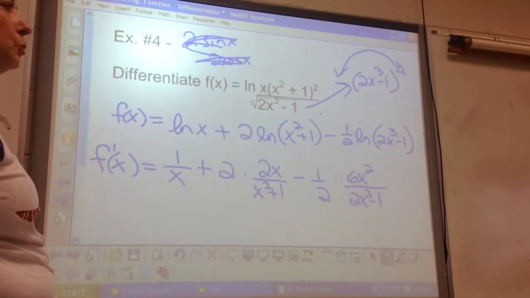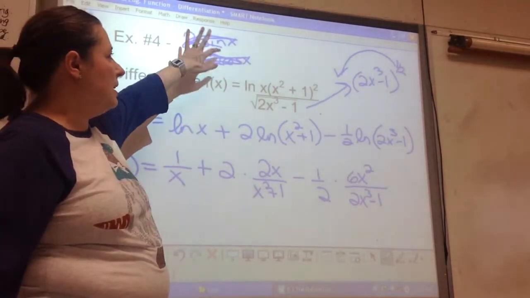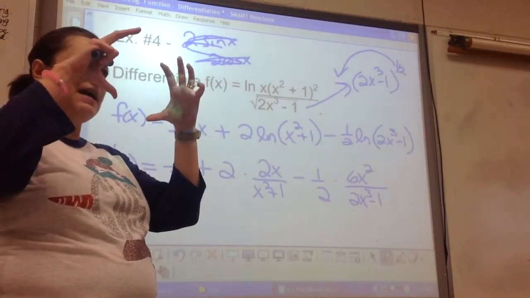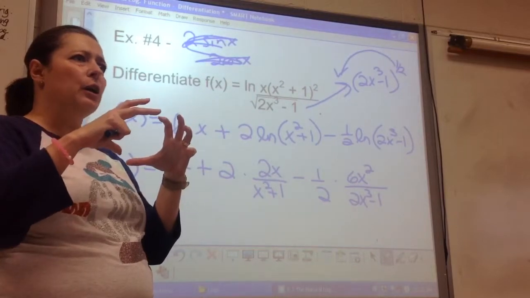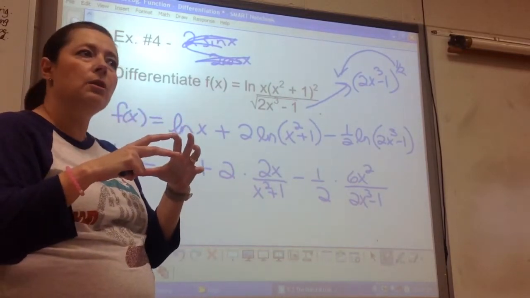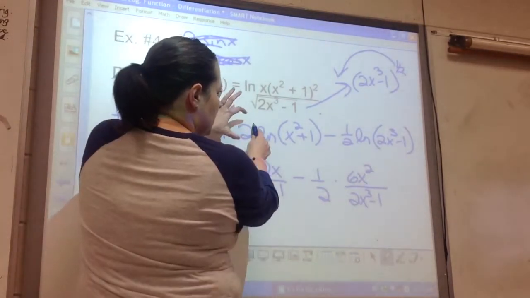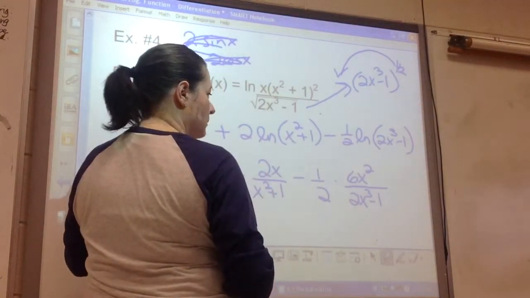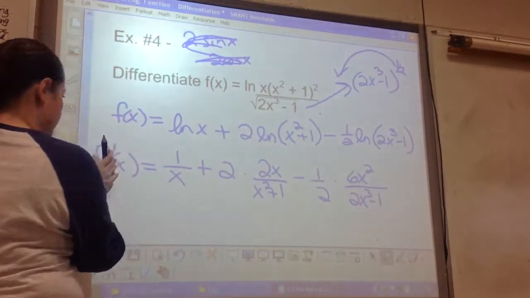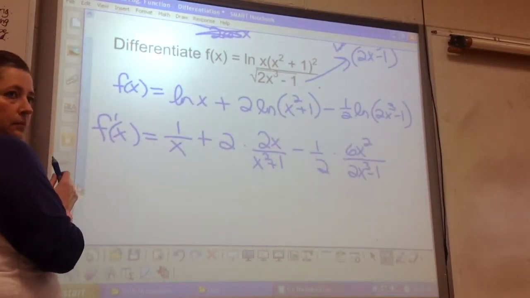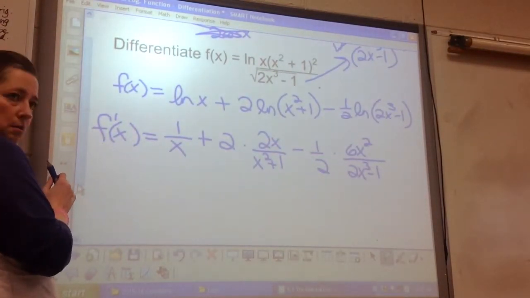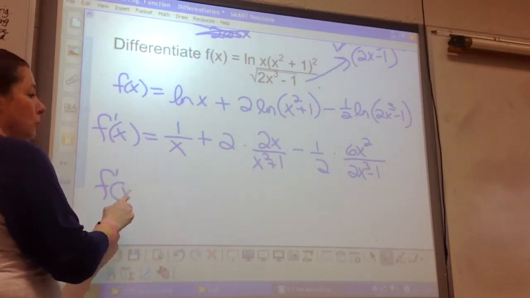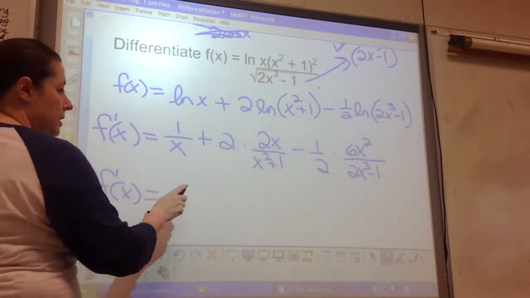It's almost like you're treating ln like a function or a variable, you know? So we can keep that coefficient. So every time you see an ln, you do the derivative over the original. Yes. I was confused there, I was like, how did you get that x? And then I was like, oh, wait a minute. Okay.